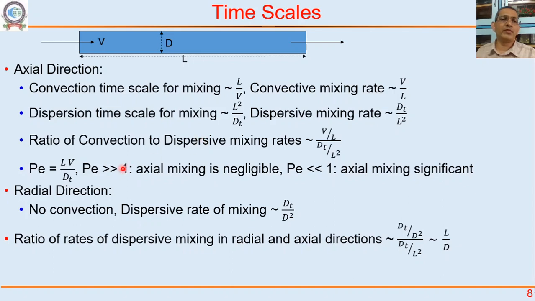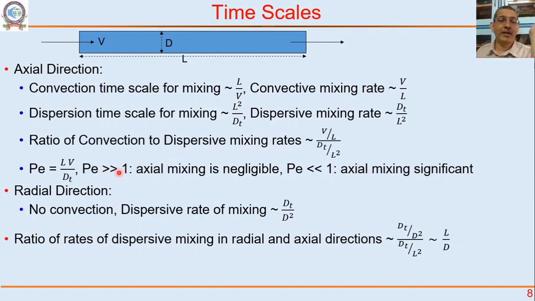When the Peclet number is far, far greater than 1, what do we mean? That axial mixing is negligible. When the Peclet number is far, far less than 1, what do we mean? Axial mixing is significant.